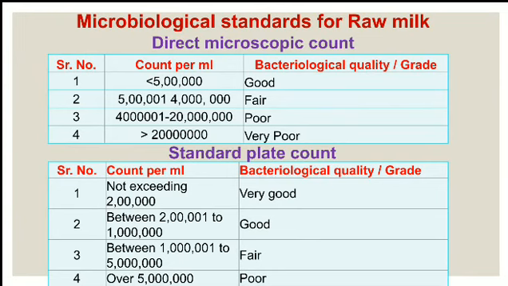Then next is the microbiological standards for raw milk. First one is the direct microscopic count. In the table we can see the count per ml and the bacteriological quality of that milk. When there is less than 5 lakh count per ml, that milk grade is good.